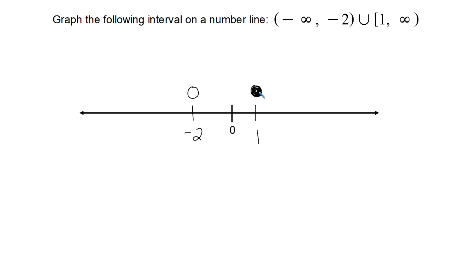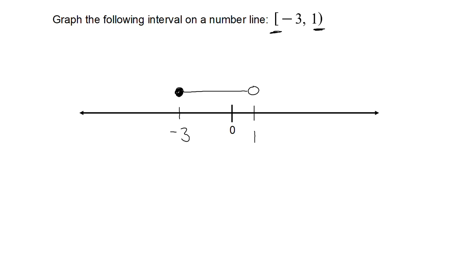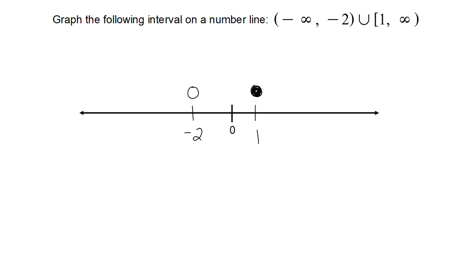But then I have this U in the middle. The U effectively means or. It's a union symbol, and it just means or. On the previous ones, I wanted everything between -3 and 1. Well, in this one, I'm going to want everything on the outside. I don't want the stuff in between. I want to go from -infinity until I get to -2.